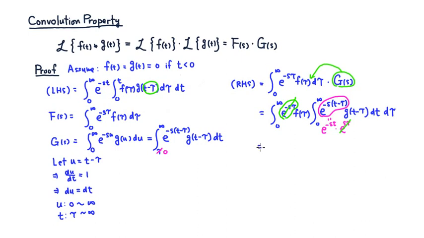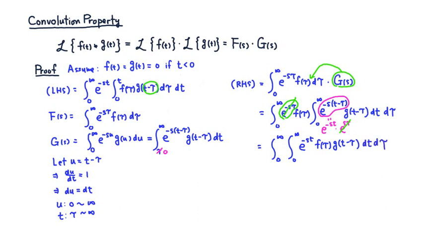So you have an integral from 0 to infinity. F of tau has nothing to do with t, it's a constant, so we can put it inside. So you have an integral from 0 to infinity, then we still have e to the negative s t, and we still have f of tau, and we still have g of t minus tau, and then we have dt d tau.